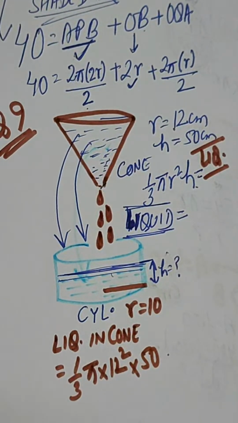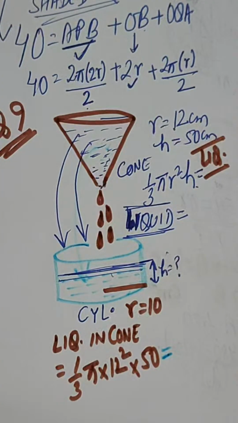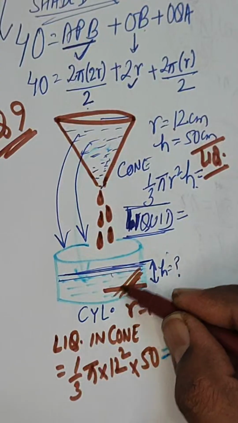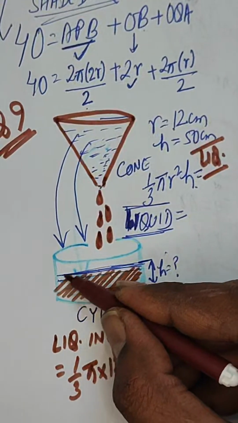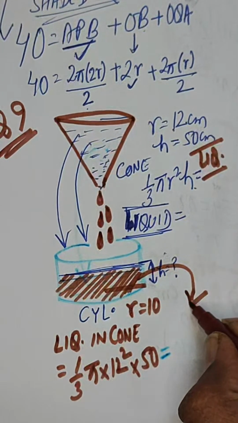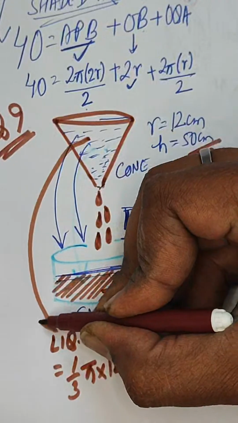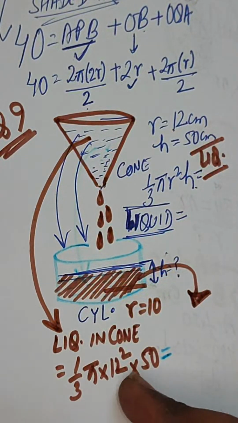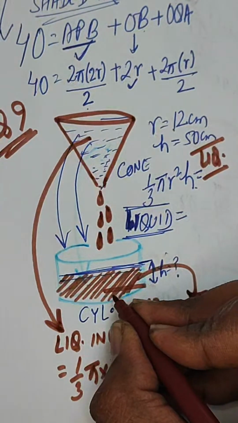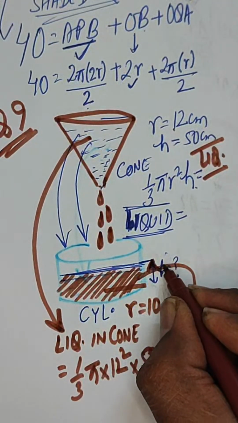This is the volume of the liquid, and this is equal to the volume of the liquid which is transferred into the cylinder. So this is transferred till this level only, right? So the volume of this liquid, 1 by 3 pi r square h, which is kept in the cone, is equal to the cylinder's volume where the liquid is filled till height h.